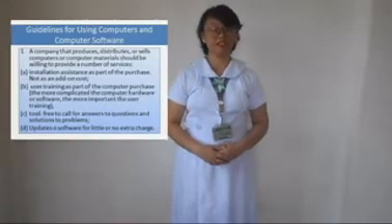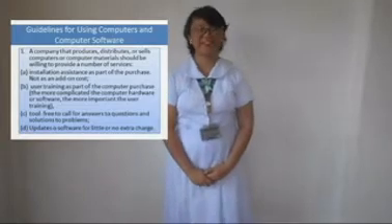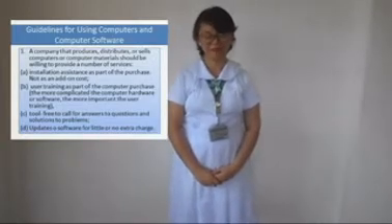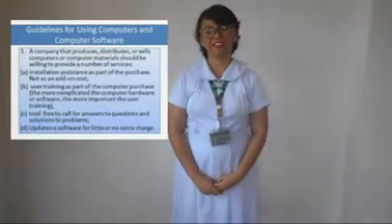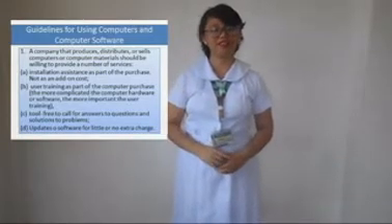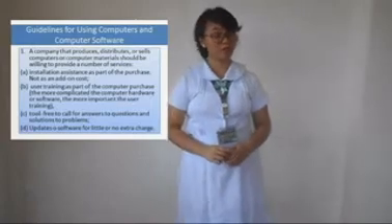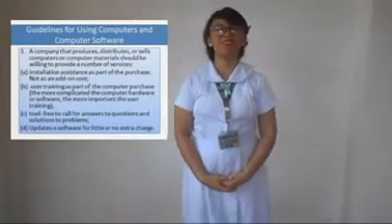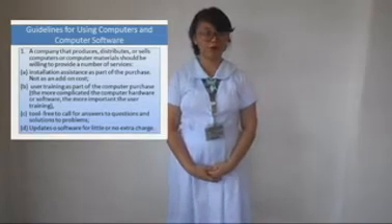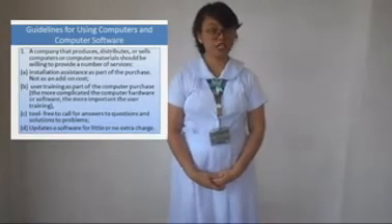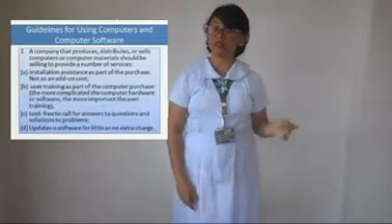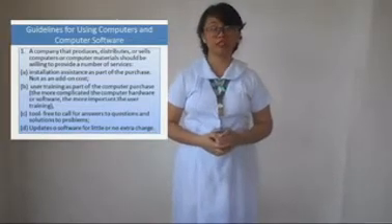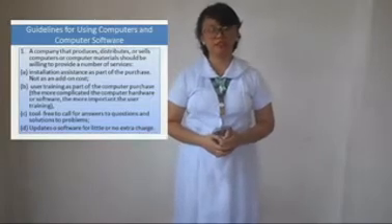Here are some guidelines for using computers, computer software, or computer programming. Number 1, a company that produces, distributes, or sells computers or computer materials should be willing to provide a number of services, such as the following. A. Installation assistance as part of the purchase, not as an add-on cost.